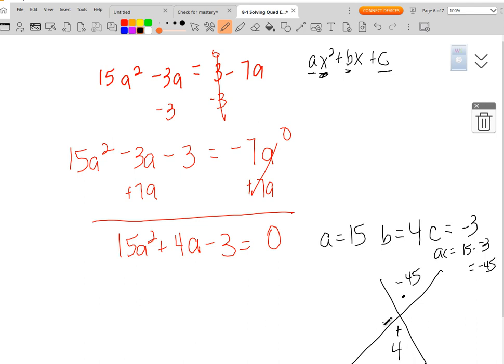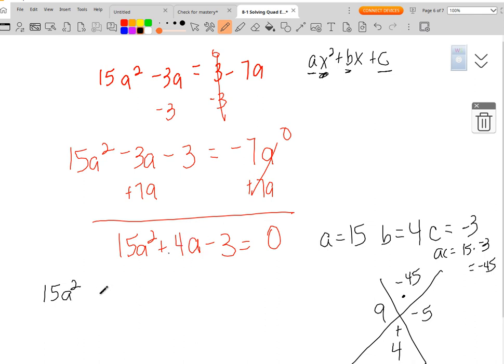We're not factoring it, we're splitting the middle term now. Caleb? 9 and negative 5. Nice. 9 and negative 5 is exactly right. If you multiply those, you get negative 45. If you add them, you get 4. That is perfect.